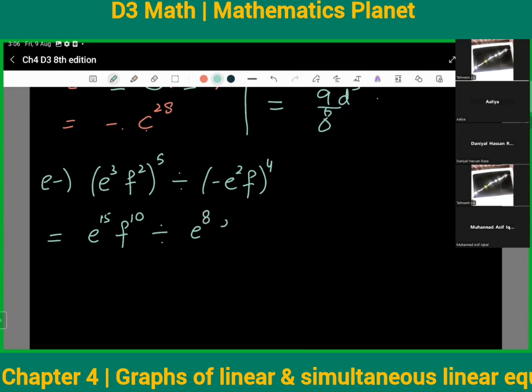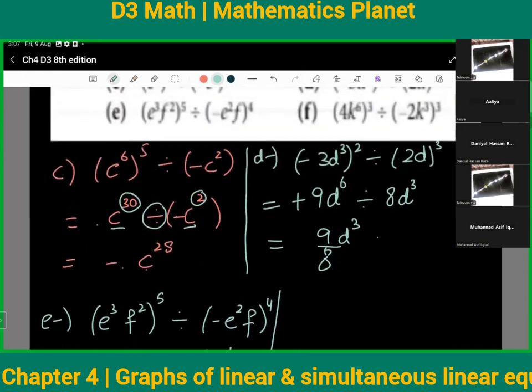F will be F to the power of 4. Good. And next, E will be 7. Very good. And F will be 6. Very good.